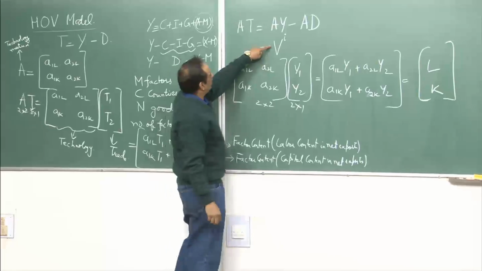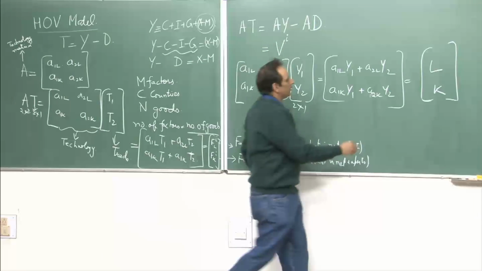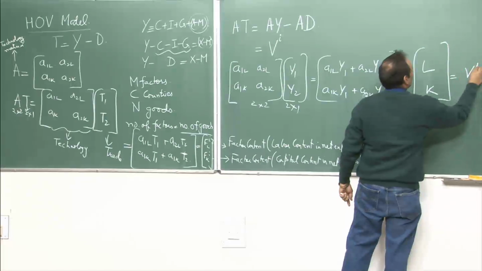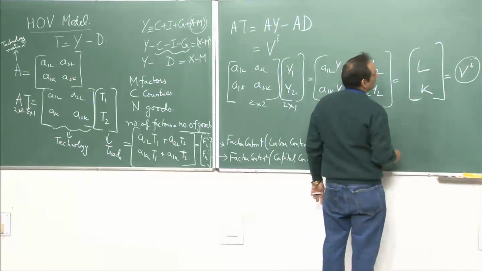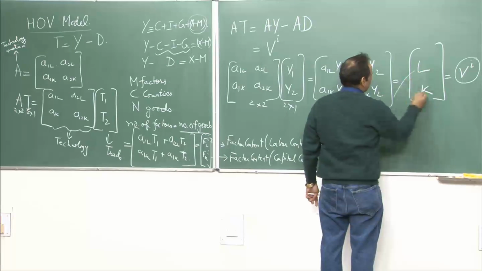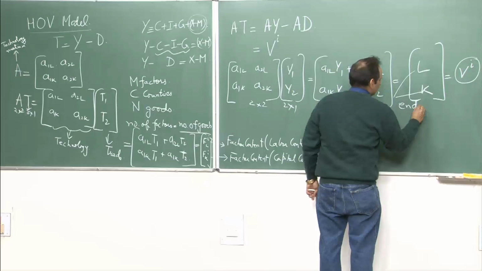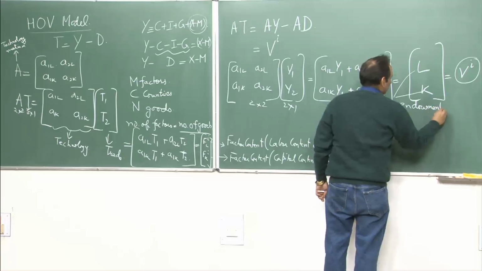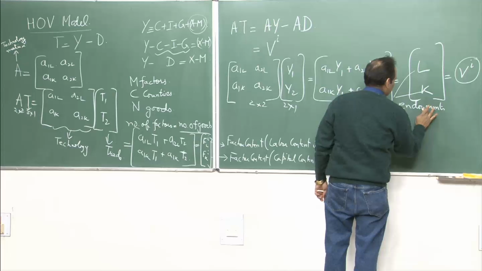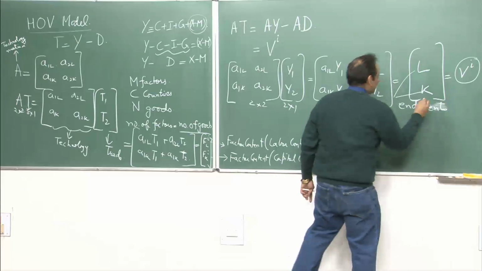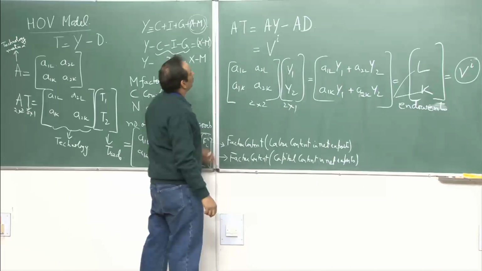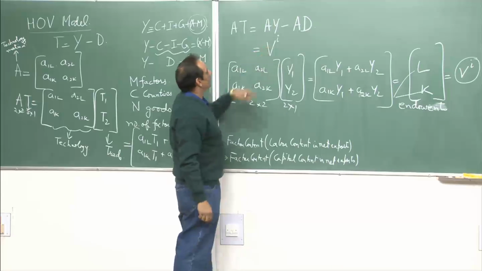This whole thing is defined as the Vi vector, the endowments.